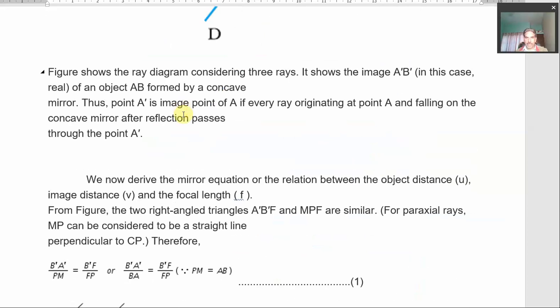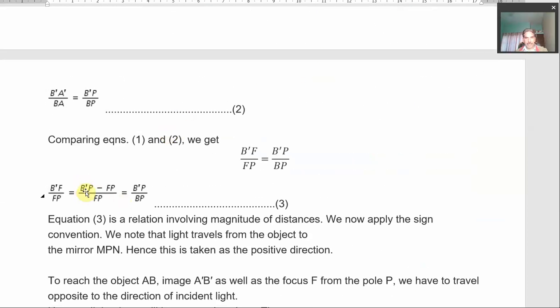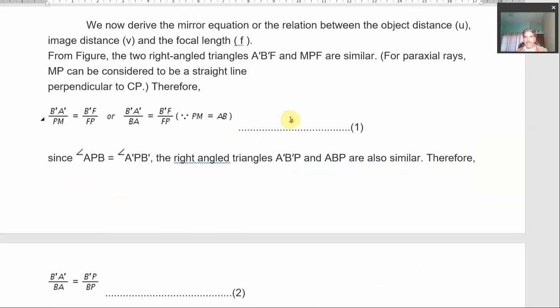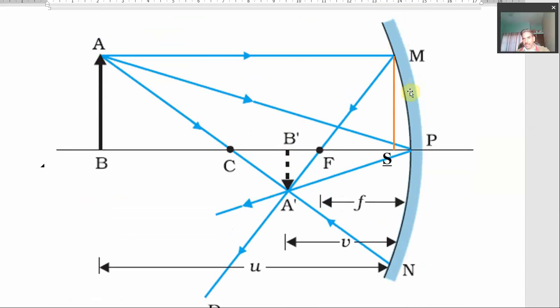So from here, let us take this case, b dash p. It is nothing but the distance of the image from the pole. So we have to measure it from the pole. Rather than writing b dash p, it will become easy to remember and also comprehend to write it as p b dash, because all the distances are to be measured from the pole.